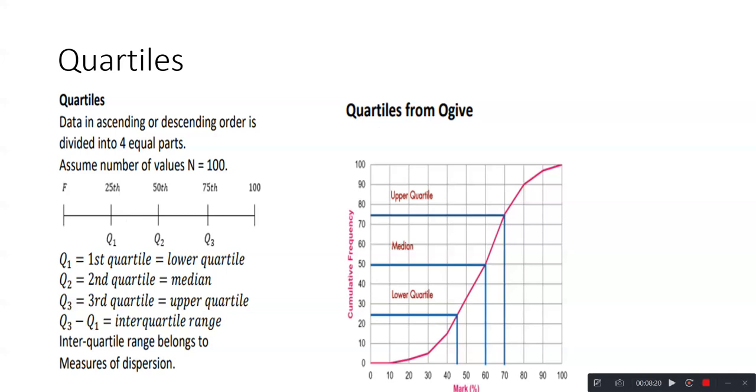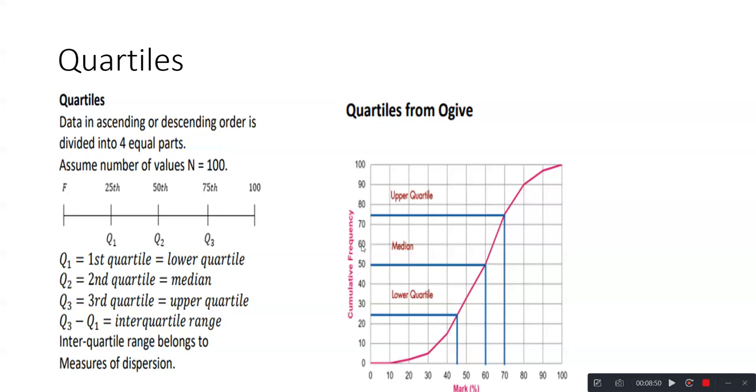So my first quartile is going to be identified from a quarter of n, that is 1 over 4 times the total frequency.